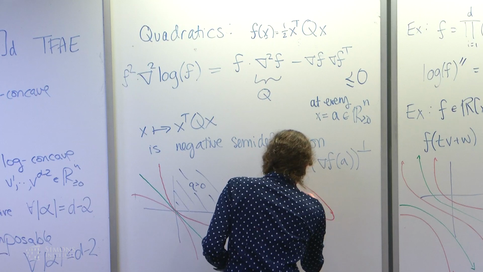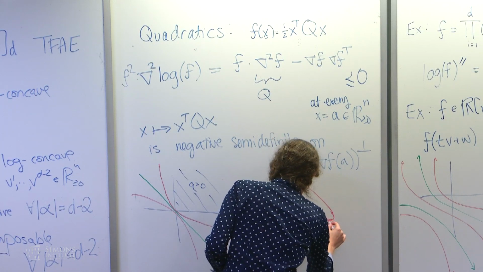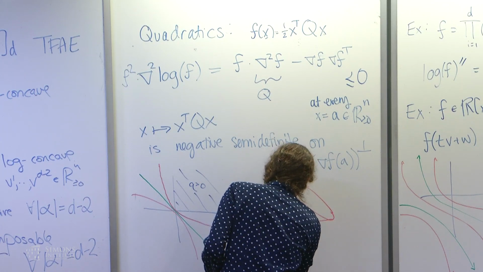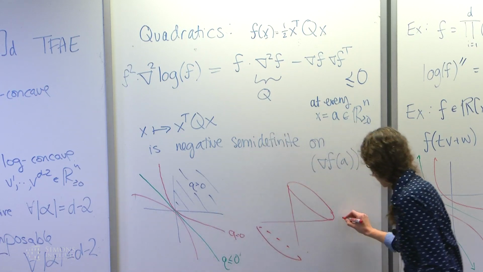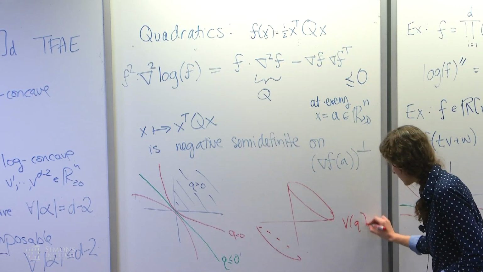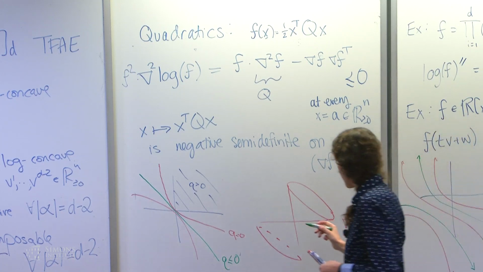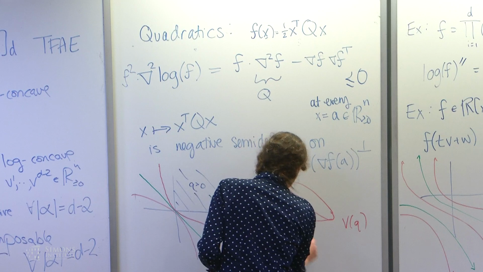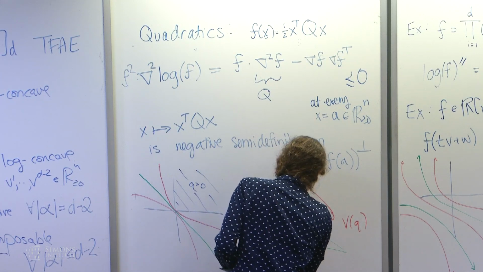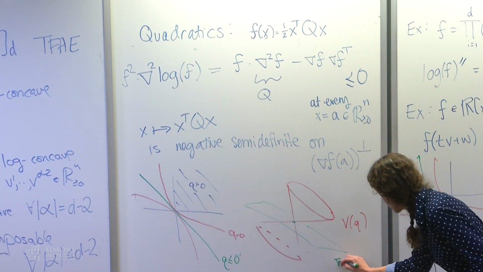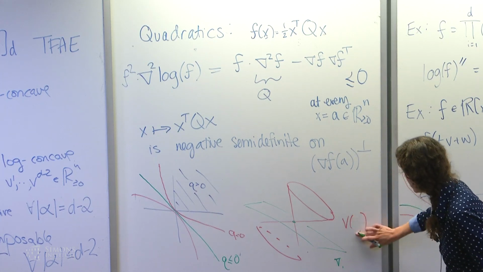Bigger picture, the 3D picture, which is harder to draw. I want the 0 set of Q to look like a column. It's going to be negative semi-definite on some linear space. Little q is f.